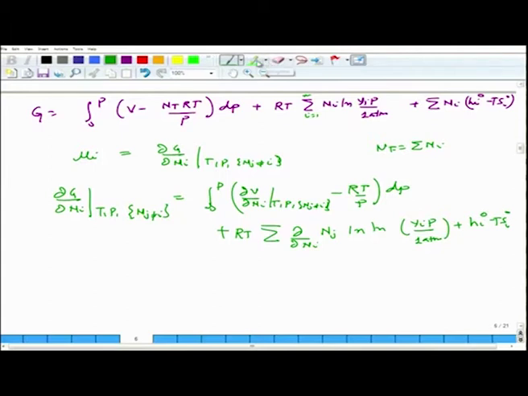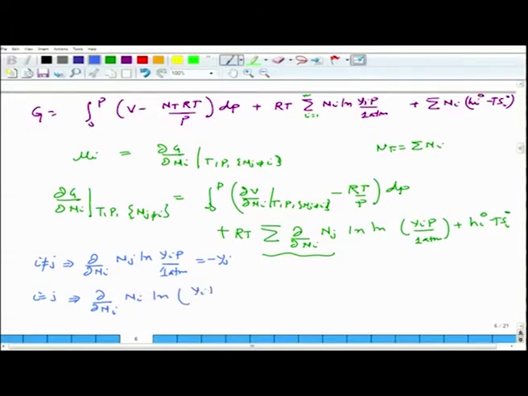Now, I won't derive this part, this is a bit tricky, but you should be able to show that for i not equal to j, del by del Ni of Nj ln YiP by 1 atmosphere is simply minus Yj, and when i is equal to j, the derivative of Ni ln YiP by 1 atmosphere is going to be simply ln YiP by 1 atmosphere plus 1 minus Yi.